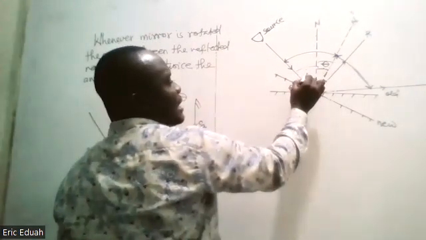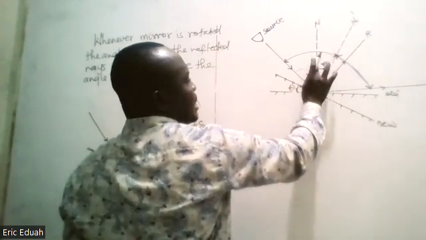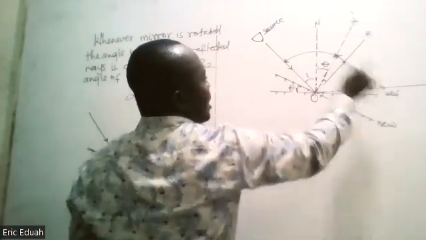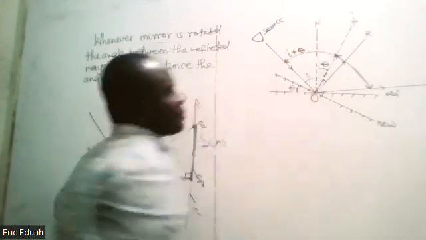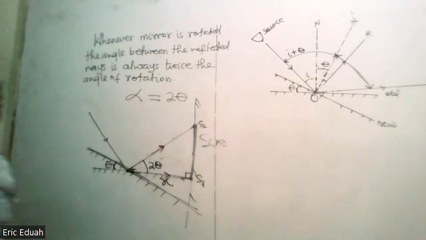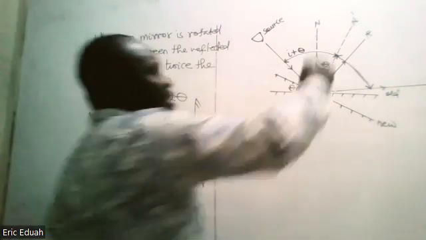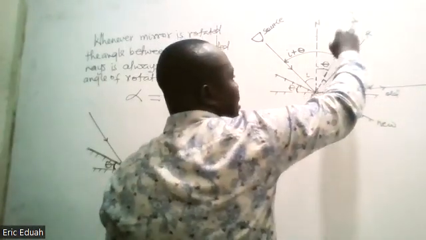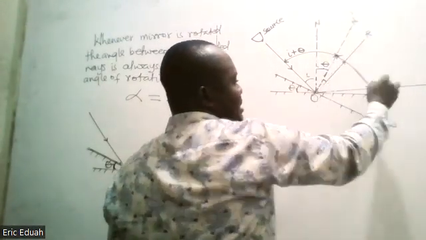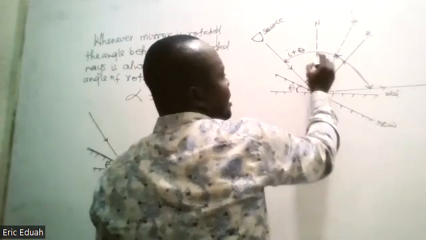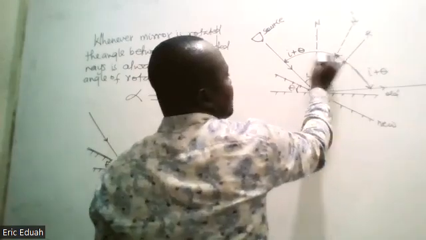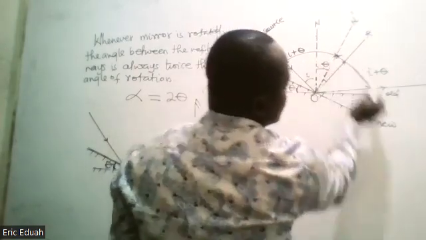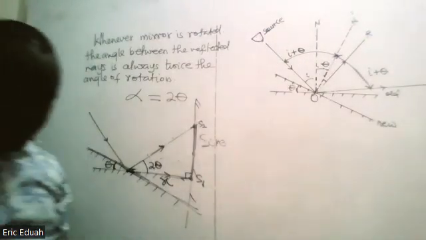So if this is I and this is theta, then the whole angle must be equal to I plus theta. Meaning that the angle between n prime and the new reflected ray must also be I plus theta, because angle of incidence must be equal to angle of reflection.